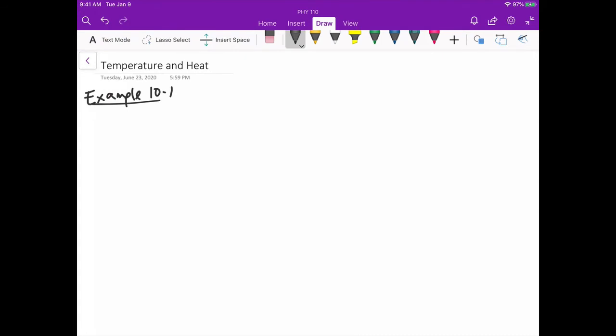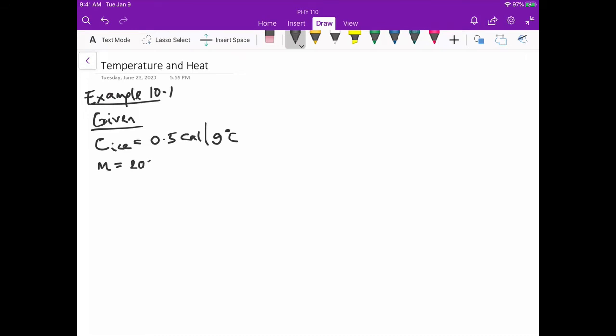So the problem states the following: let's list what our given parameters are. C for ice is 0.5 calorie per gram per degree Celsius, right? Then it asks how much heat would have to be added to 200 gram of ice.